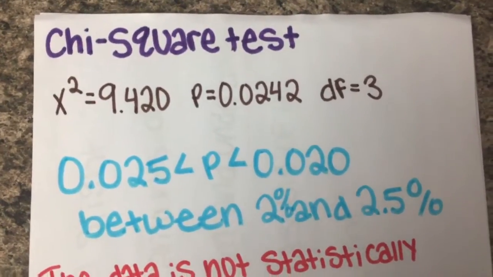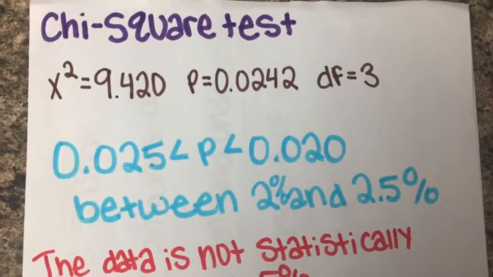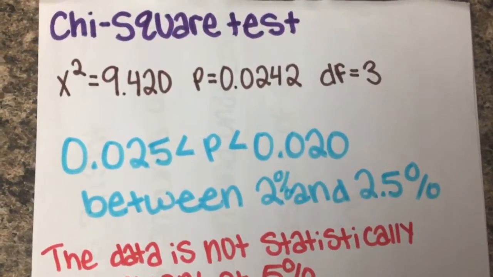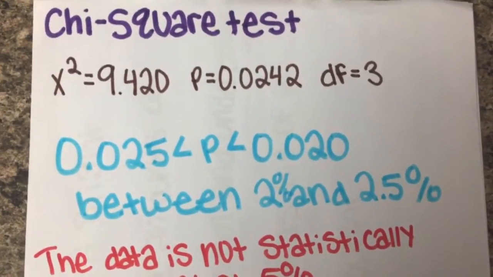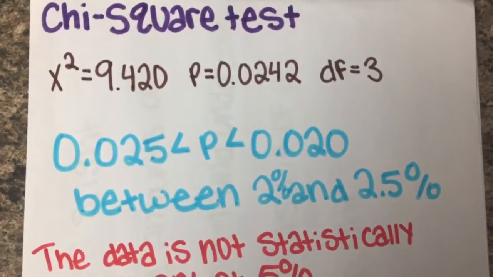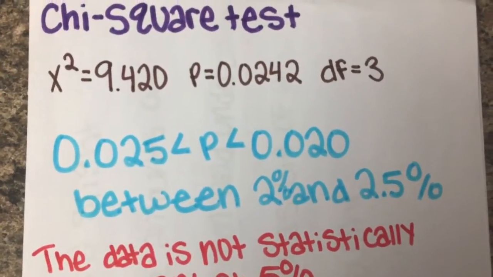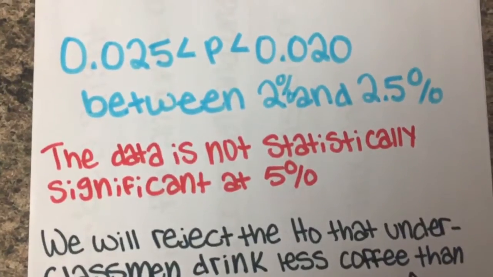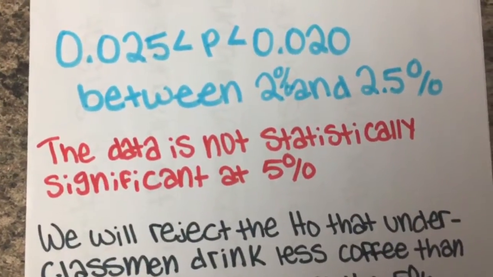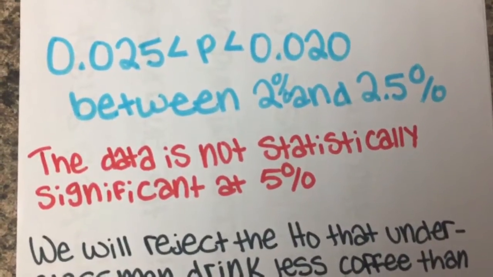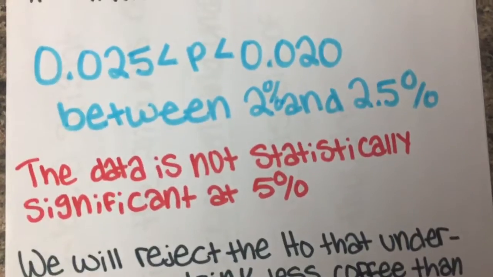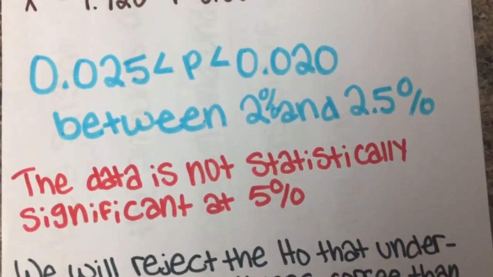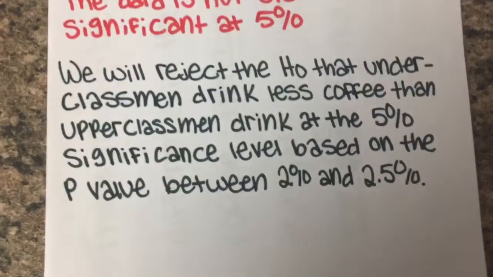Once you take all that information, the p-value ended up being between 0.025 and 0.020, which would correlate to between 2% and 2.5%. Since the alpha level for most problems is 0.05 or 5%, this data would not be statistically significant at 5%.